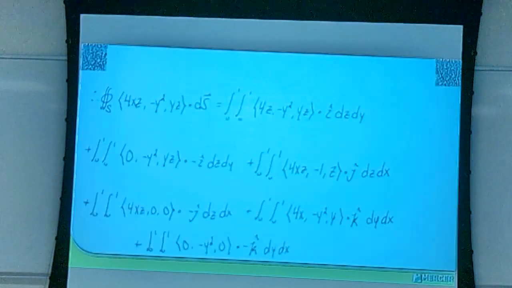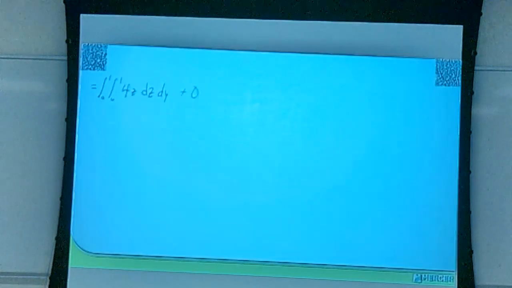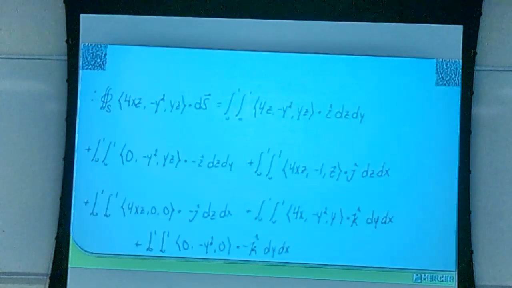What's that second dot product? Well, that's what negative i hat is, negative 1, 0, 0. What's the dot product? It's just 0. What's that third one? Negative 1.